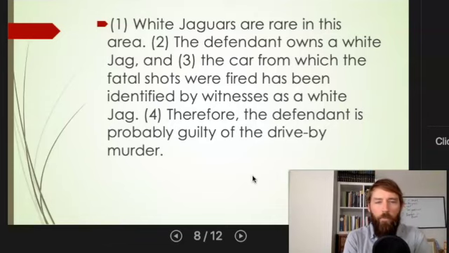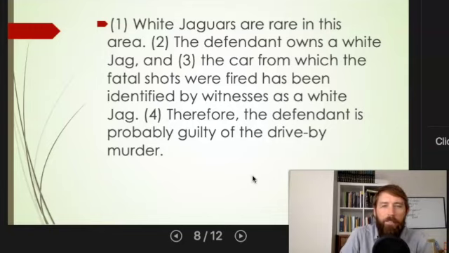Does the fact that the defendant owns a white Jag mean that the defendant is probably guilty? No. 2 doesn't support the conclusion by itself either. What about 3? The car from which the fatal shots were fired was identified as a white Jag. Does that all by itself show that the defendant is guilty? In this case, no. That by itself doesn't show that the defendant is guilty.